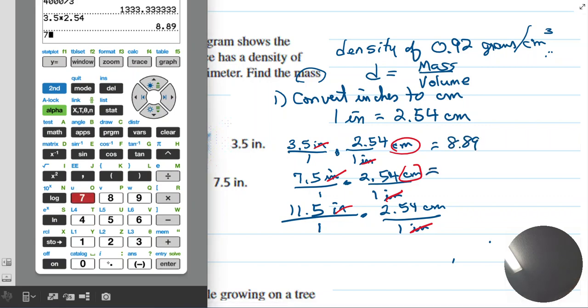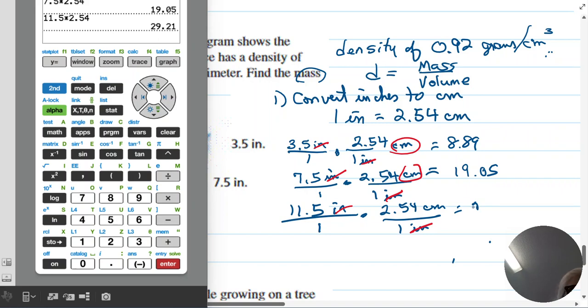Here we have the 11.5 times the 2.54. In the first class, I went so fast that I left off one of the decimals.